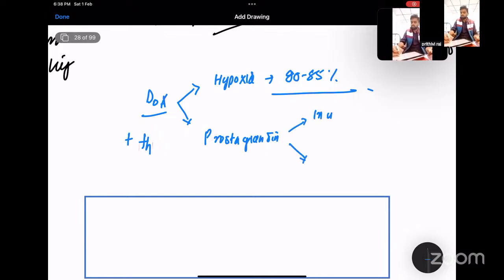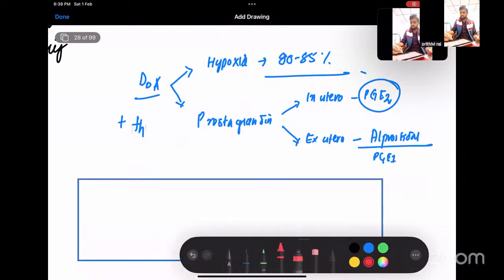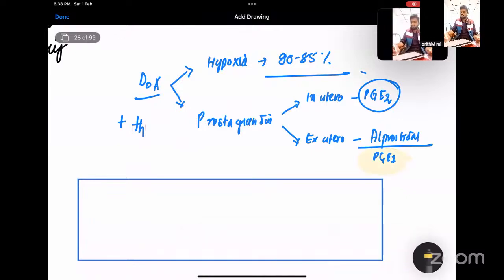In utero, your prostaglandin E2 plays an important role in the patency of the ductus arteriosus. But as the child is born, ex utero, the thing which you give is alprostadil, and alprostadil is PGE1. This should be kept in mind, as we easily get confused. So PGE2 is for in utero, and ex utero it's PGE1 which we give.